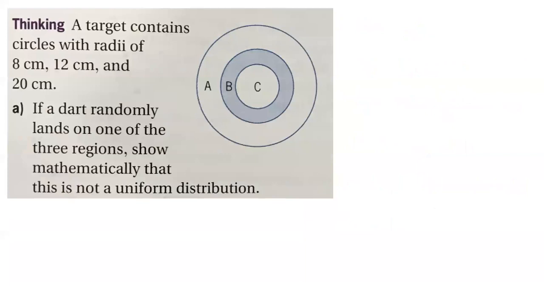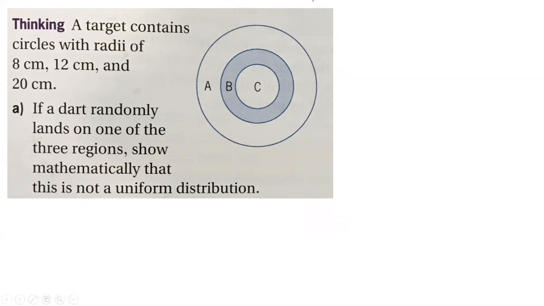A target contains circles with radius of 8 centimeters, 12 centimeters, and 20 centimeters. If a dart randomly lands on one of the 3 regions, show mathematically that this is not a uniform distribution. Okay. To show whether this is a uniform distribution, the key is to find if the probabilities are the same, right?